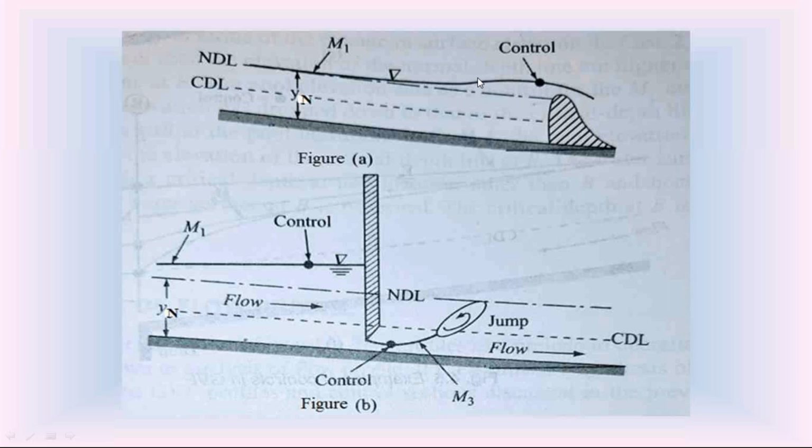So like this, in the single step method, first we consider section 1 at the control section, and at section 2, take the depth of flow lesser than the depth of flow at section 1. At section 1, we know the depth of flow, either by measuring scales or some other procedure. We know the depth of flow at section 1.